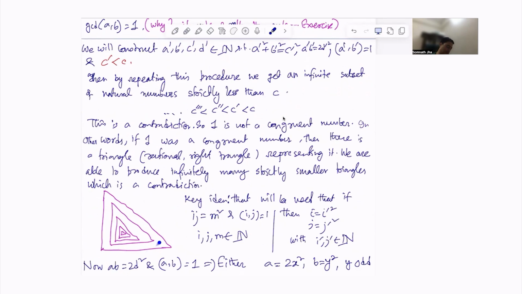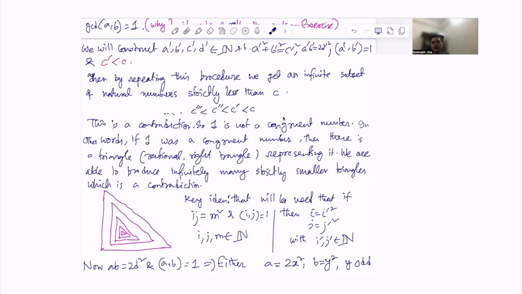So if you look at this triangle with hypotenuse c, inside that we can put an integer triangle with hypotenuse c prime and then c double prime, and this can apparently be continued infinitely, which is never possible.